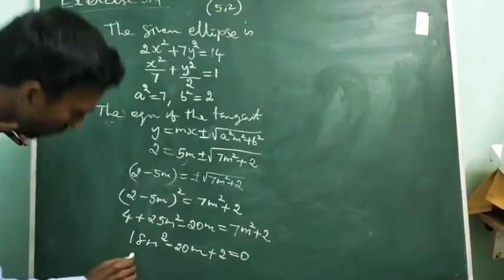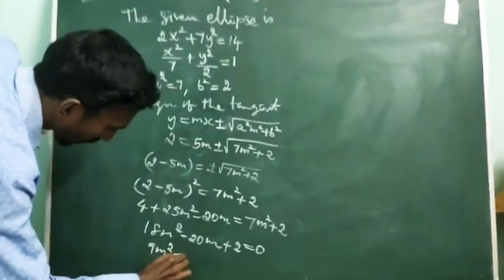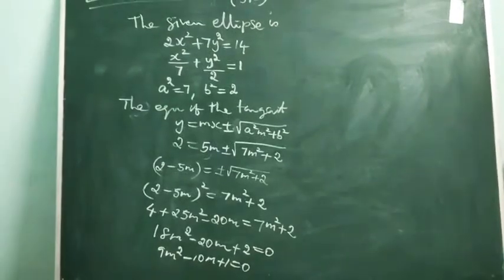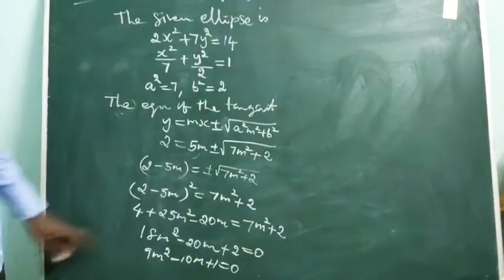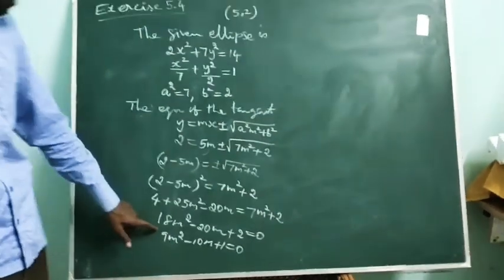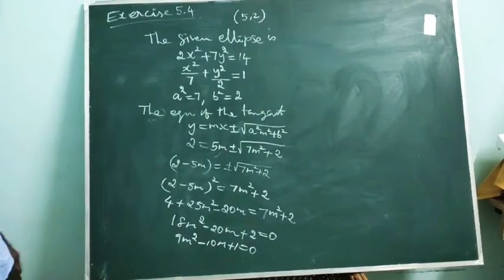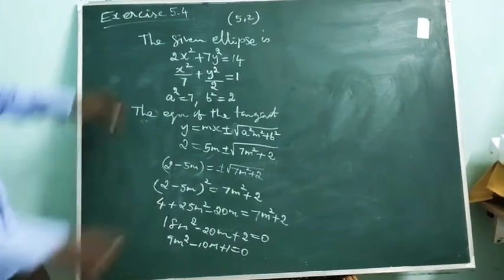So divided by 2, 9m square minus 10m plus 1 equal to 0. We get a quadratic equation in m. So factorize it. Product is 9 and addition is minus 10. So it must be minus 1 and minus 9.